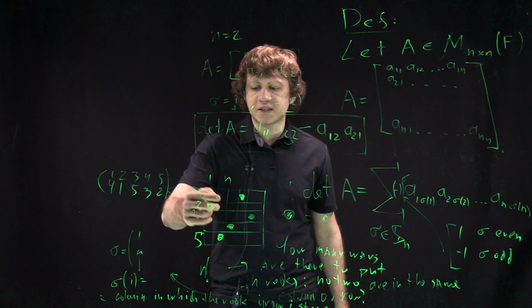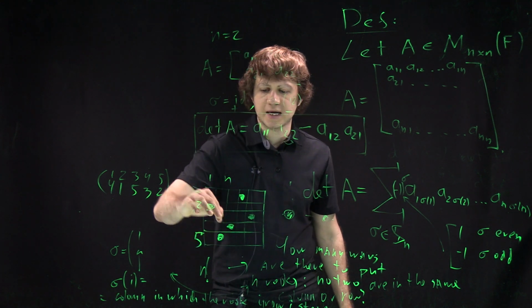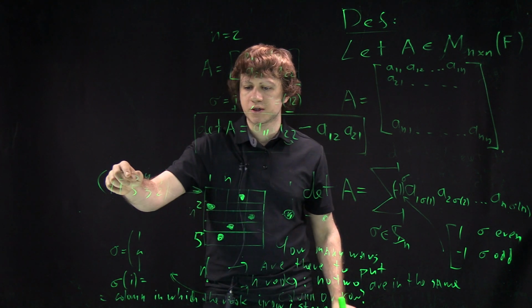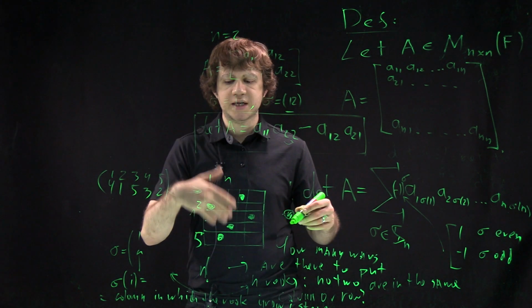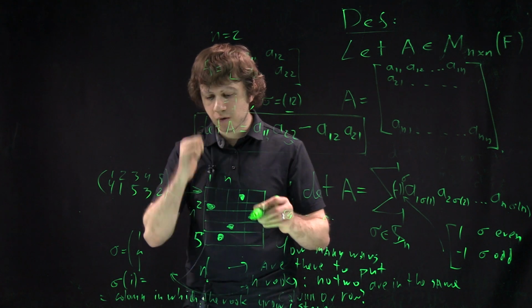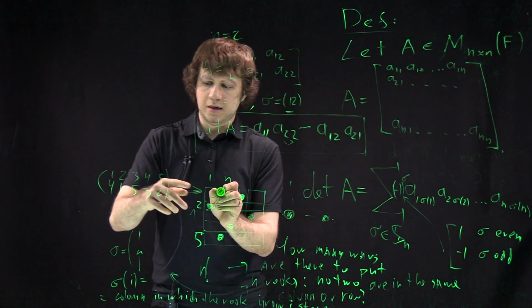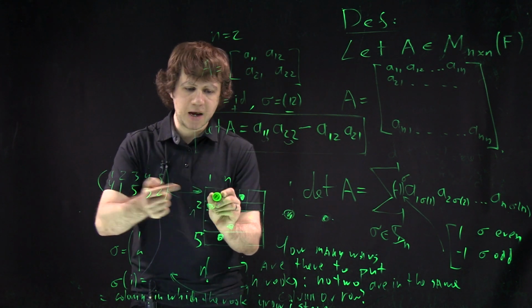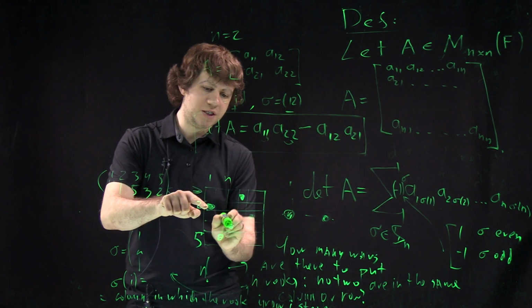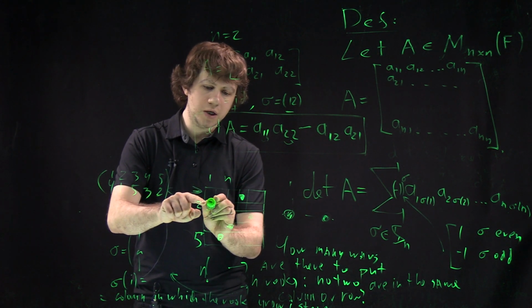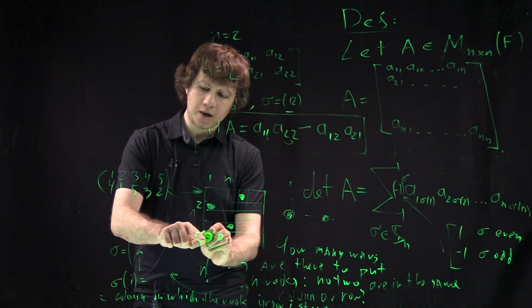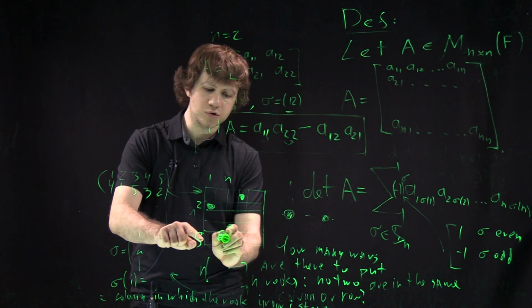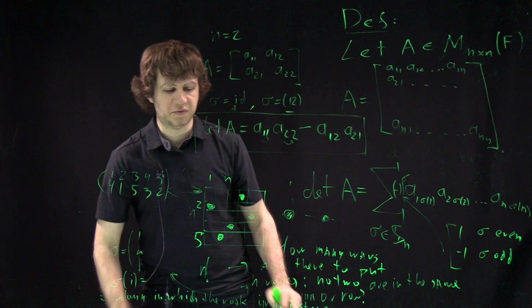You can think of this positioning of rooks as a graph of a permutation, because basically a permutation is a bijection from a set with 5 elements to itself, and so if you think of it as a map, this is just the graph of this map. 1 goes to 4, 2 goes to 1, 3 goes to 5, 4 goes to 3, and 5 goes to 2, but you should think of it flipped, basically.